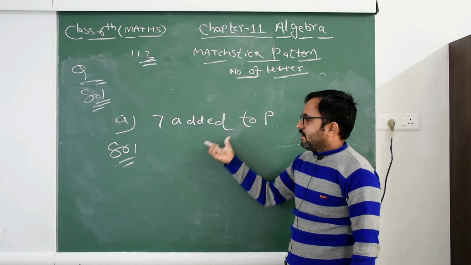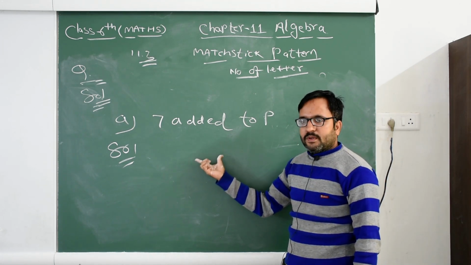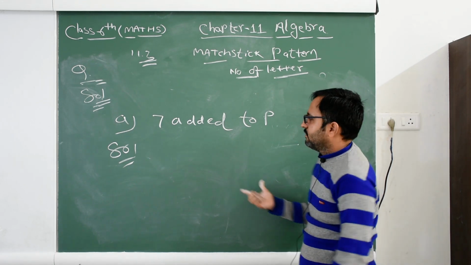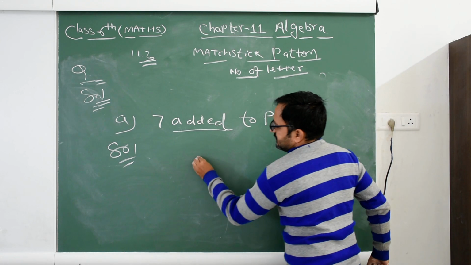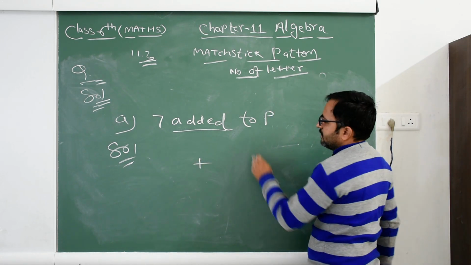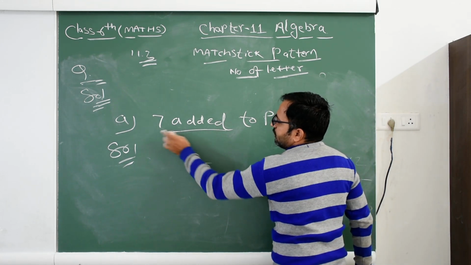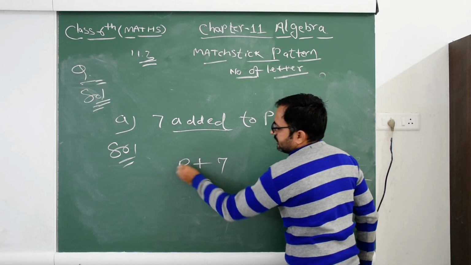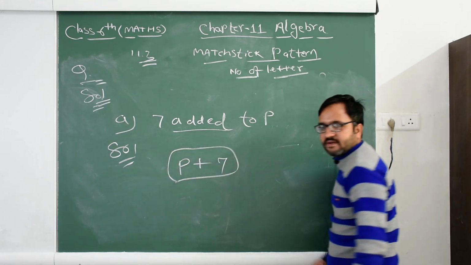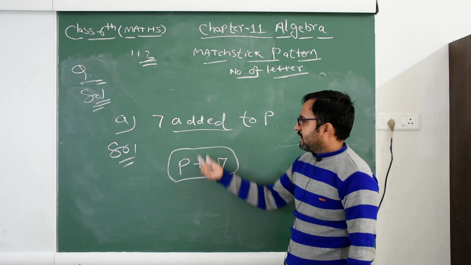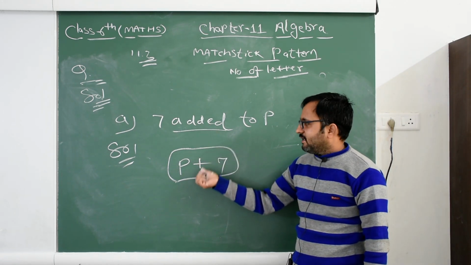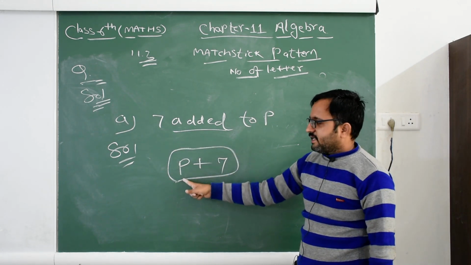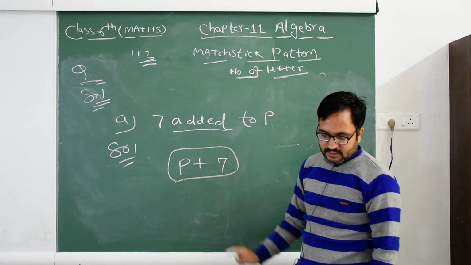Now we make the expression. Added means plus. What will we add? 7 to p. So p plus 7 is your expression. First put the sign, then which number you add: 7. 7 to p, that means p plus 7 is your expression.